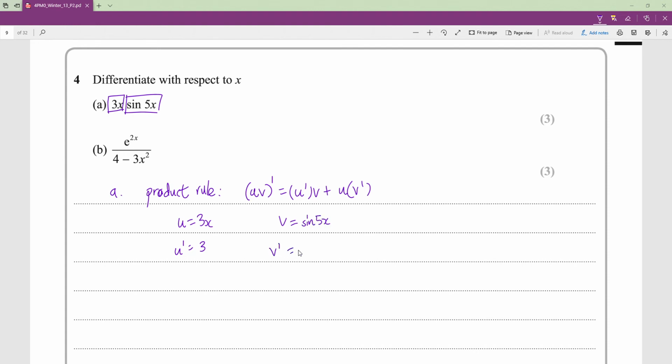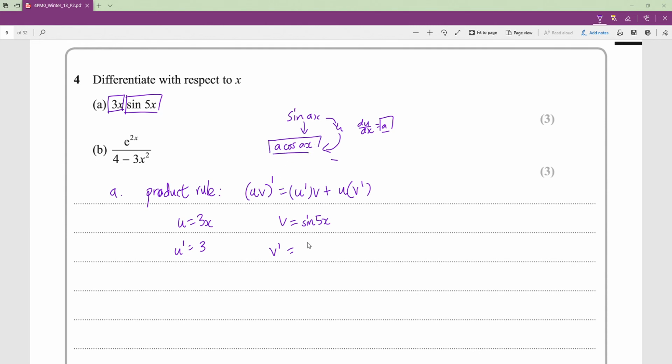and v prime is equal to, let's think for a moment, sine of ax differentiates to a cos ax, because if you let ax be u, and du by dx is that a, then this a will multiply with cos u as part of the chain rule to get this a cos ax.